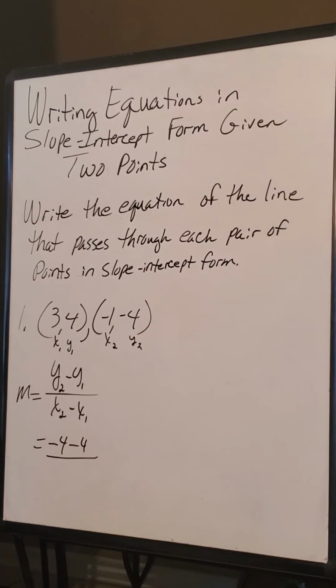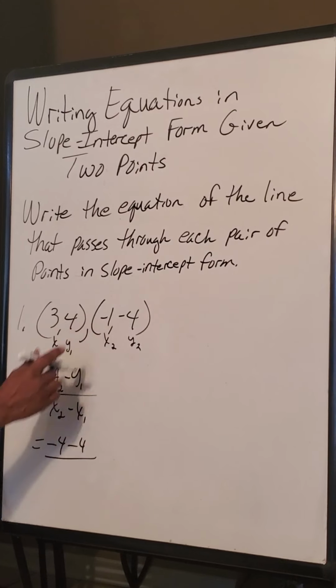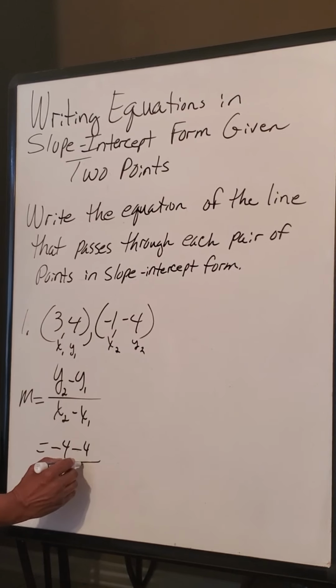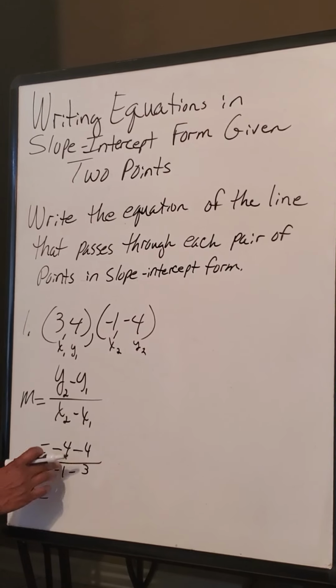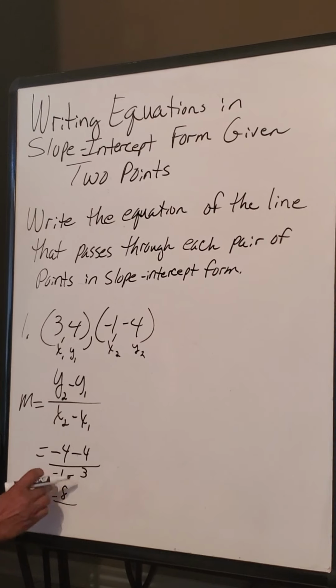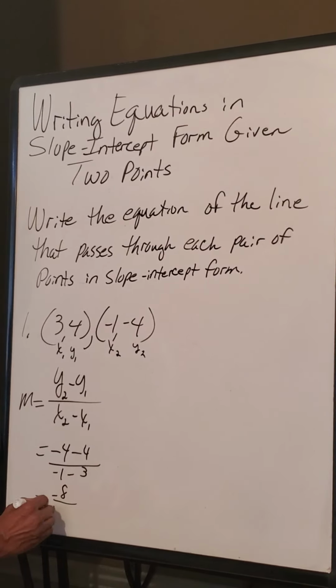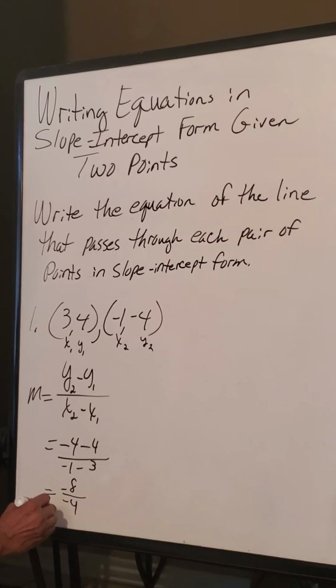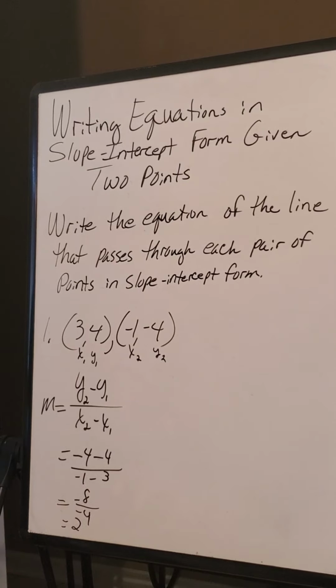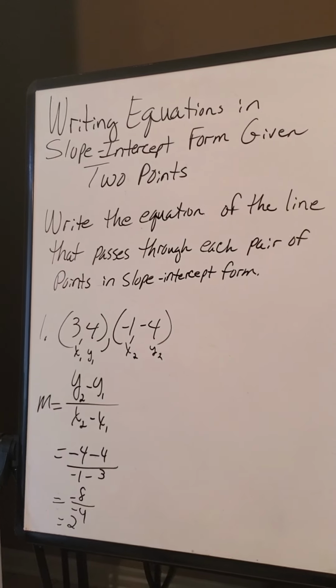And I'm going to place that over my x sub 2, which is -1, minus my x sub 1, which is 3. Well, -4 minus 4 is -8. -1 minus 3 is -4. And don't forget that a negative divided by a negative is a positive, so my slope is +2. Now I have my slope.